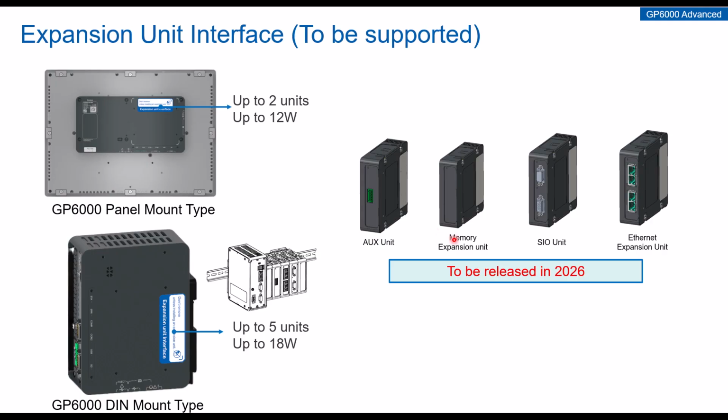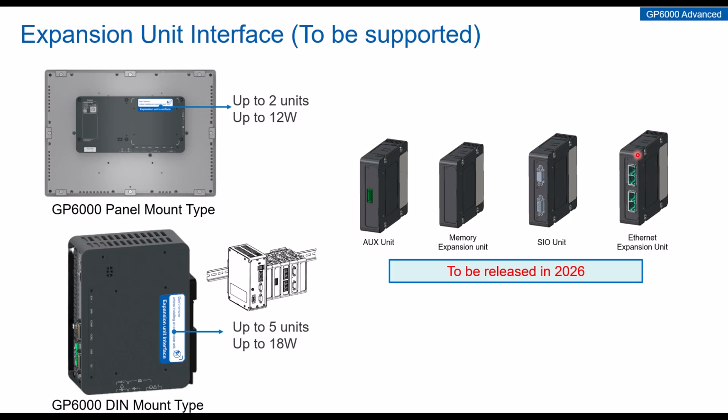This is basically an SRAM, or non-volatile RAM, expansion unit. So this is quite an interesting unit. This allows us to store more data in SRAM, so it's expanding our SRAM for data logging, alarming, etc. Here's a serial I/O unit, which has 2 serial ports, RS-232 and 485, and then an Ethernet expansion unit.